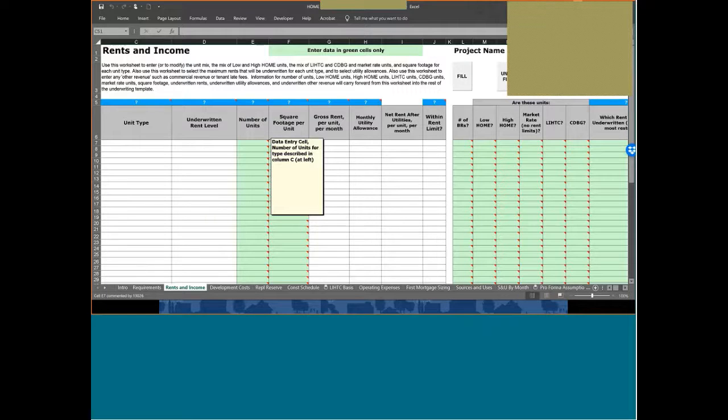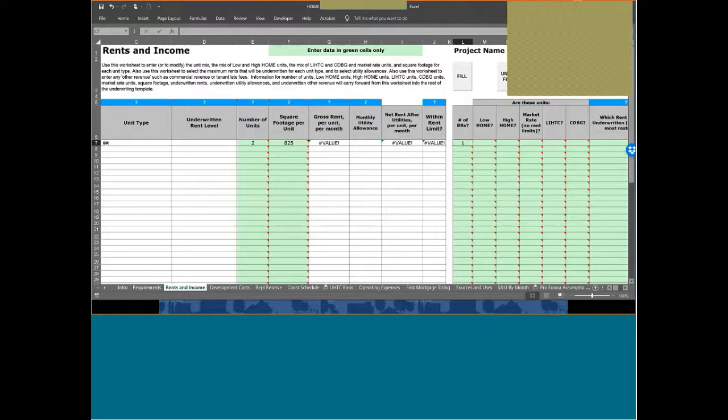But let me illustrate by doing the first set of inputs. In this particular case, we're going to say that there are 2 units of this configuration, that they are 825 square feet each. Don't worry about the pound value errors, they'll go away.